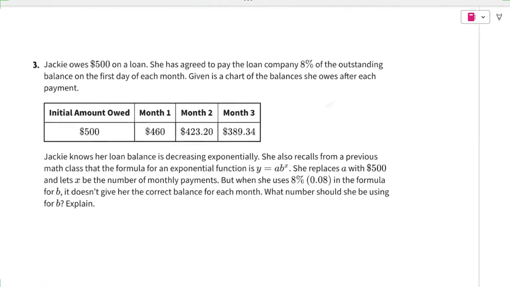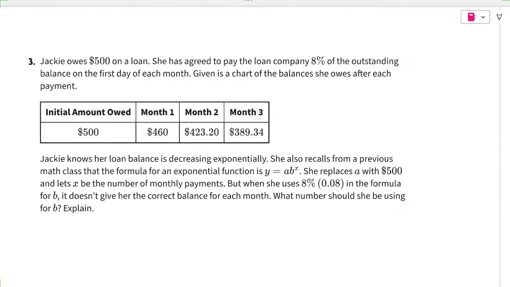Let's go on to question 3. Jackie owes $500 on a loan. She has agreed to pay the loan company 8% of the outstanding balance on the first day of each month. Given is a chart of the balances she owes after each payment. Jackie knows her loan balance is decreasing exponentially. She also recalls from previous math class that the formula for an exponential function equals y equals ab to the x.